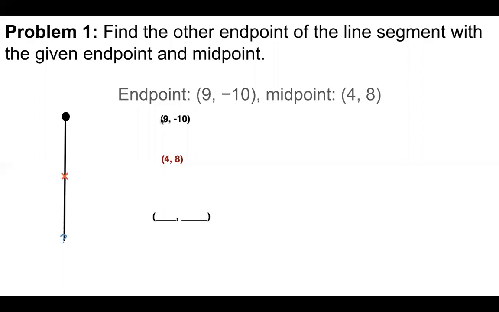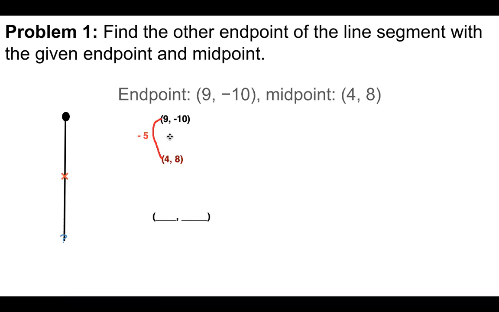So if I were to connect these numbers, 9 and 4, I need to ask myself, what do I need to add or subtract to get from 9 to 4? If I think about it, I can see that if I subtract 5, that would be the bridge for these numbers. 9 minus 5 equals 4.